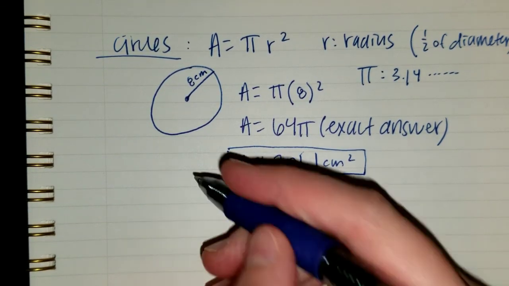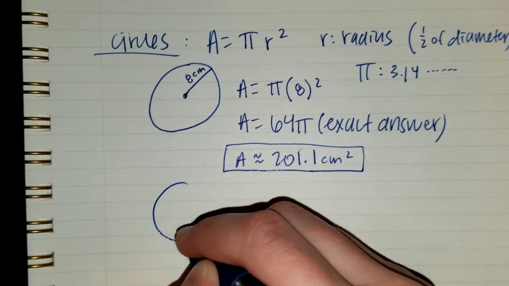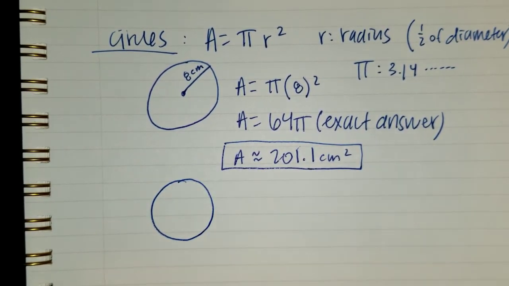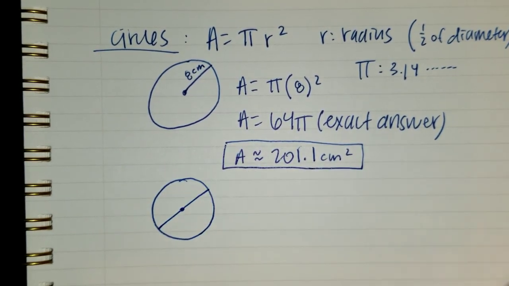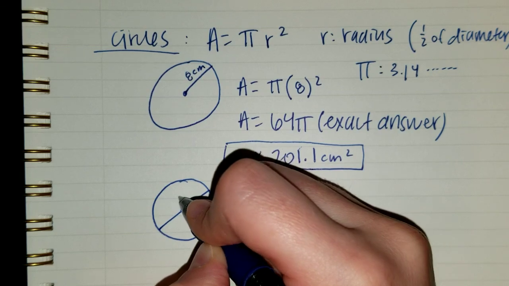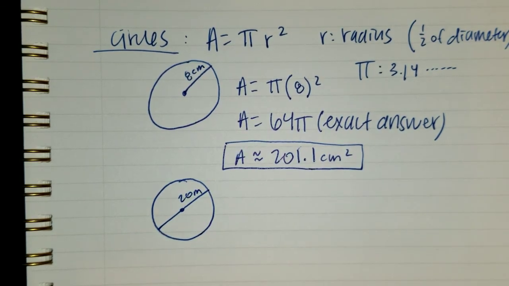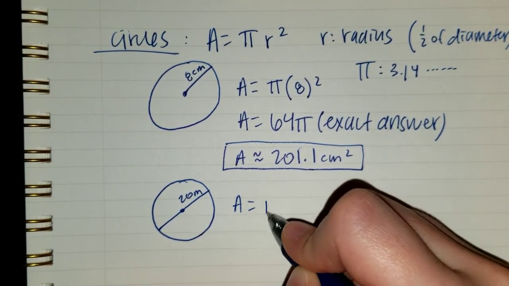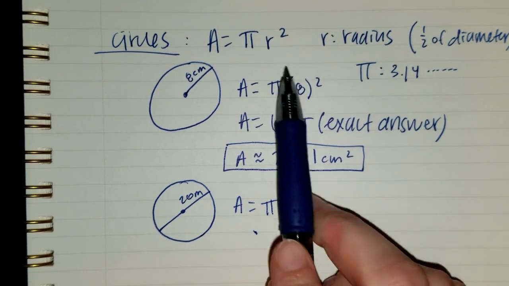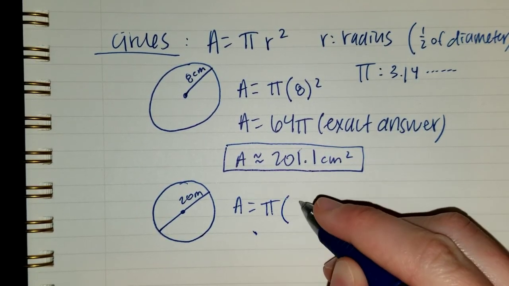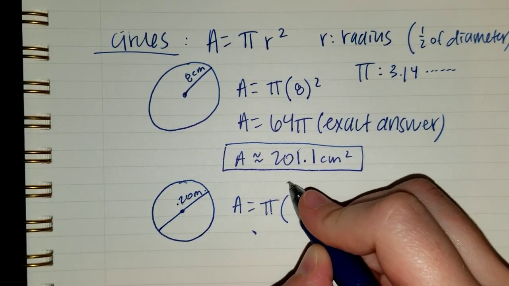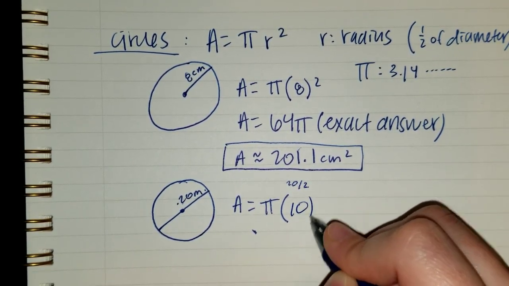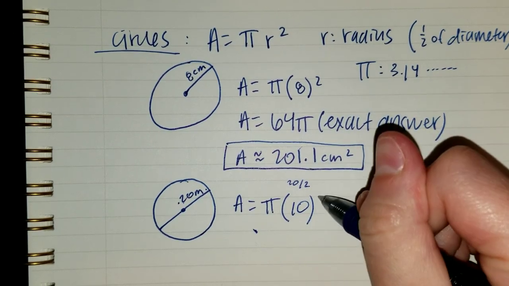If you're given your diameter, the only thing you have to do is, if we knew our diameter was 20 meters, remember that r is your radius, so we're going to say our diameter divided by 2. 20 divided by 2 gives us a radius of 10.